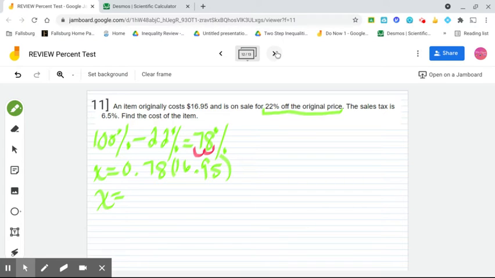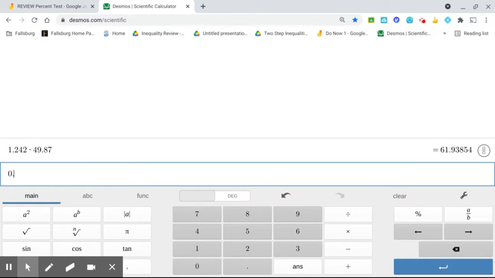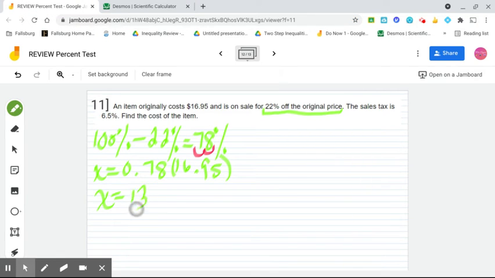This again is going to give us the discounted price. So 0.78 times $16.95 gives me 13.22. And then this 1 is going to help us round. So it's actually going to stay 13.22. So this is the discounted price.